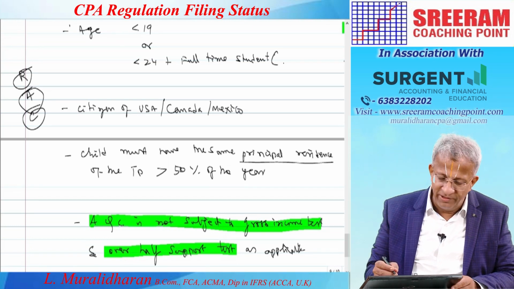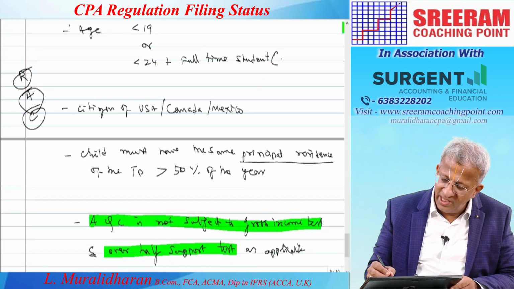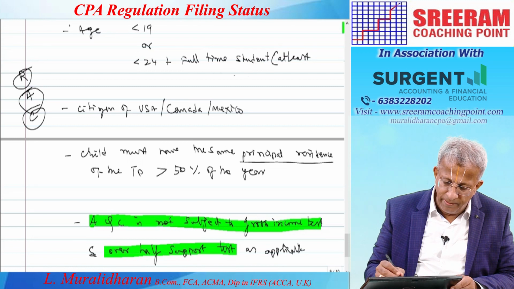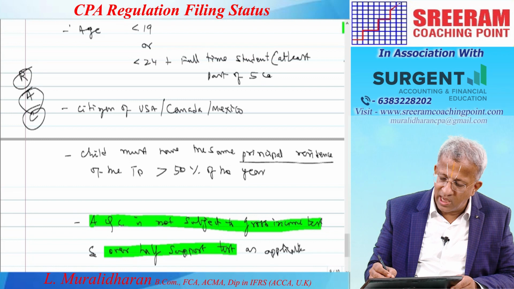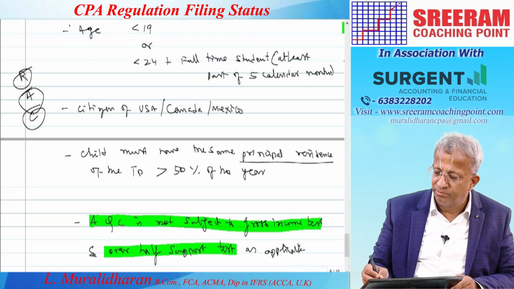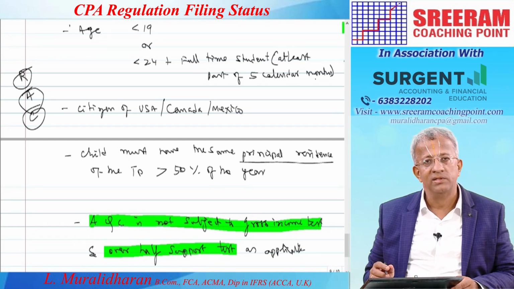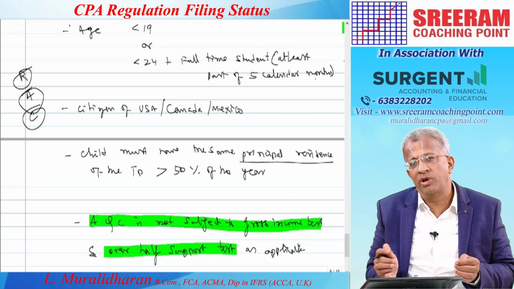So, whether he will be qualified, the answer to that question is no. So, at least part of 5 calendar months should be there. People just try to manipulate, no. So, they are not giving scope for that. So, a genuine case should normally be admitted.